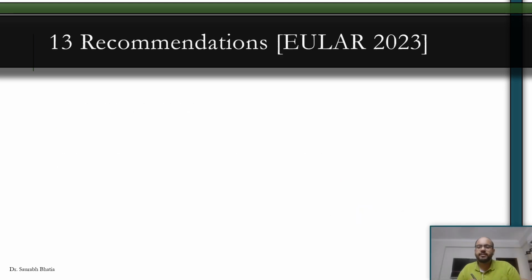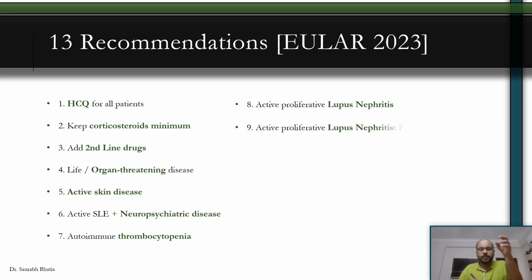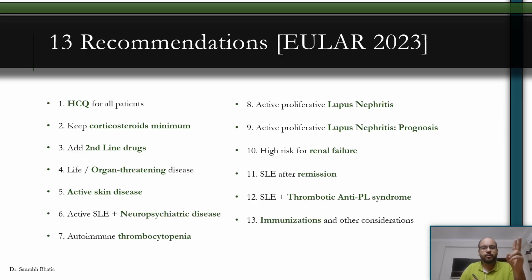So let's summarize the 13 recommendations as per EULAR. Okay. So these are the recommendations. HCQ for all patients, keep steroids minimum, add second line drugs, make sure that you treat adequately in life-threatening or organ-threatening disease, make sure that you treat properly in active skin disease, in active SLE or neuropsychiatric disease, in autoimmune thrombocytopenia, make sure you treat properly lupus nephritis and prognosticate when to stop treatment, at least 3 years on immunosuppressive drugs.